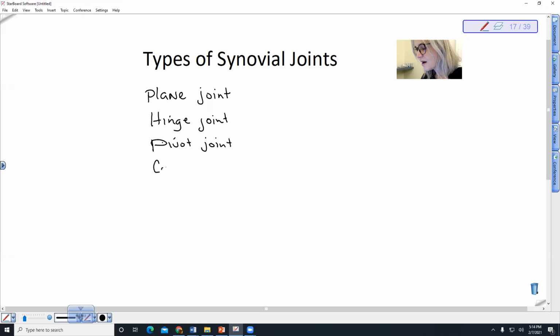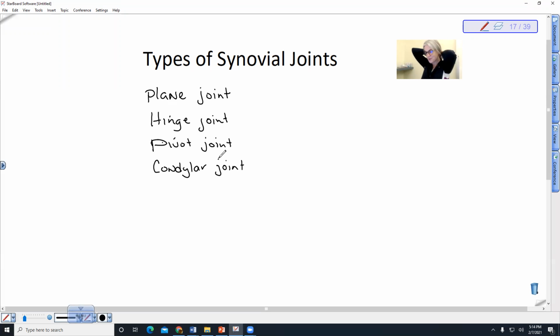We have condylar joints. So that's where we have a condylar process that is like a round process. Like the head, that's ball and socket, but in the jaw, you have the condylar process of the mandible sitting in a shallow depression called a fossa, the mandibular fossa on the temporal bone.